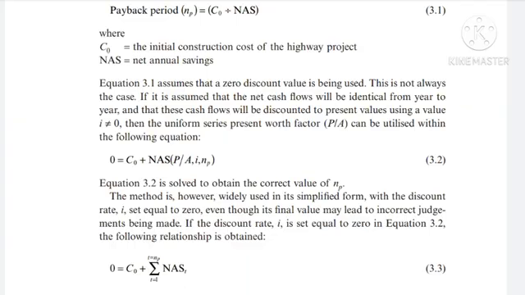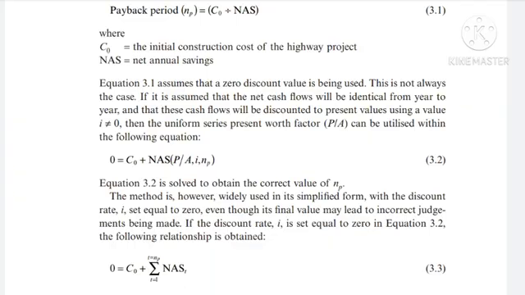The method is, however, widely used in its simplified form with the discount rate I set equal to 0, even though its final value may lead to incorrect judgments being made.